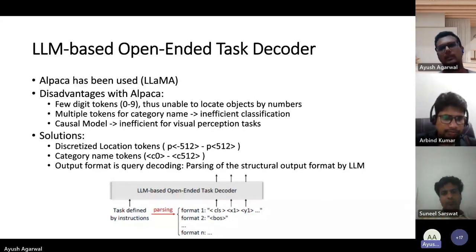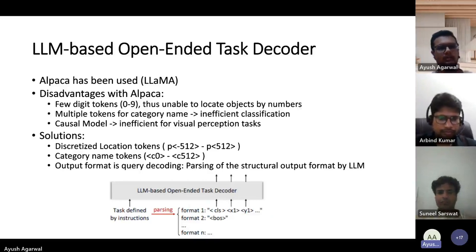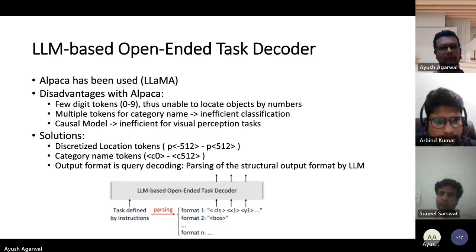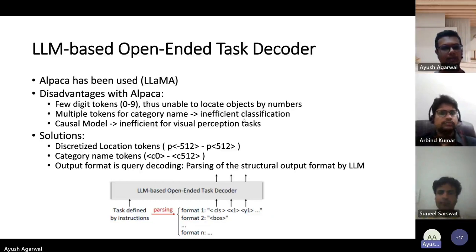For example, if I tell the model to classify or detect wherever a person is present, so I'm inputting person as a class, it would tokenize the word person into different tokens as well. So multiple tokens correspond to the category name, and this is also inefficient.